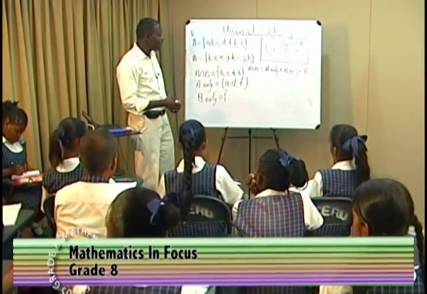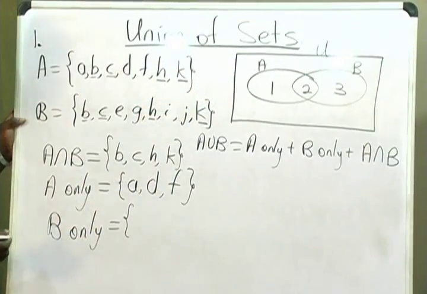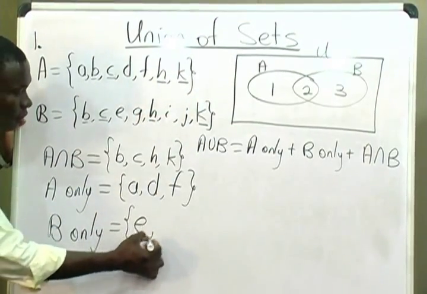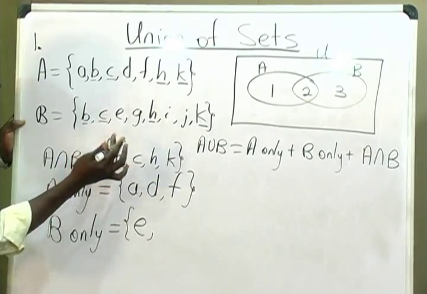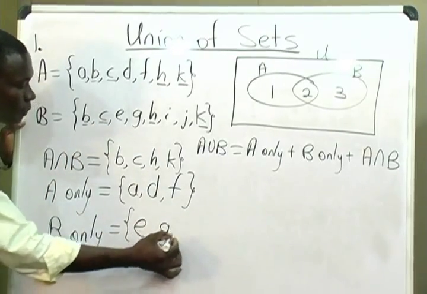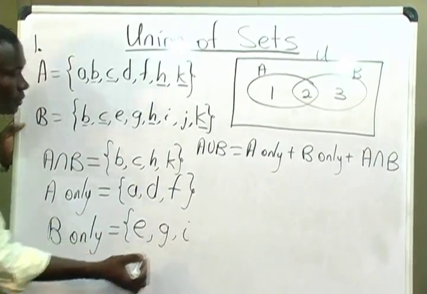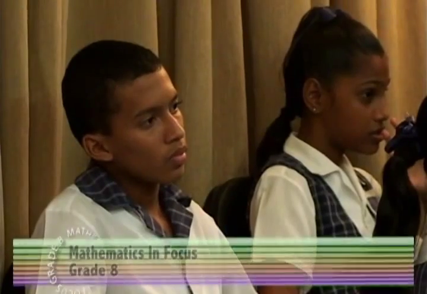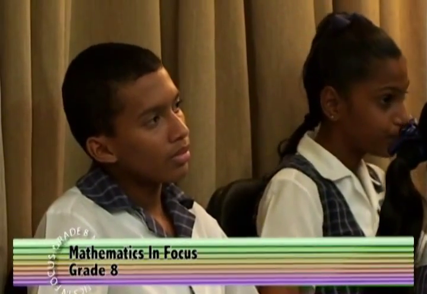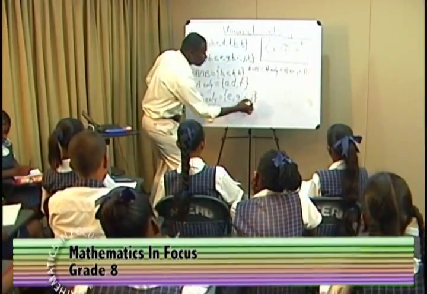What will we be left with in B? E, G, I, J. Any other, Junior? No, sir. Is it correct, class? Yes, sir. Alright, so we close off this.